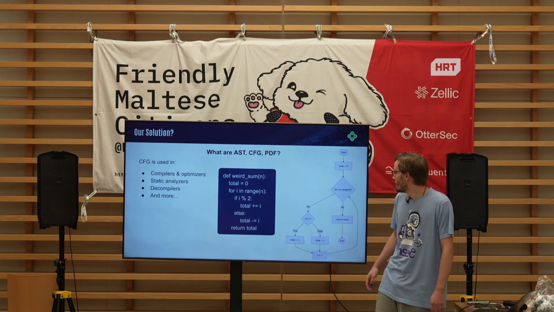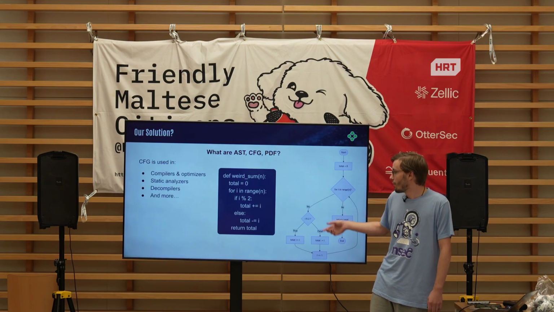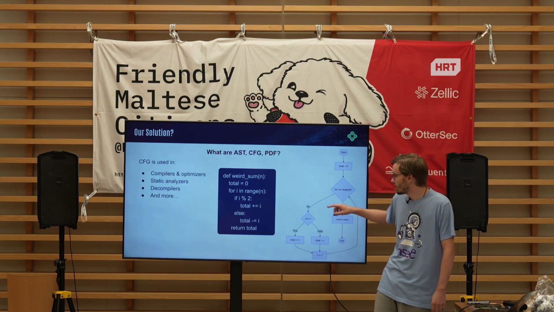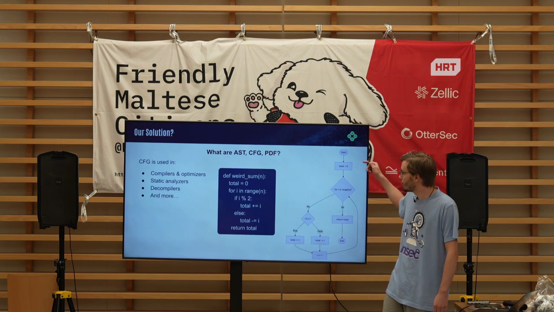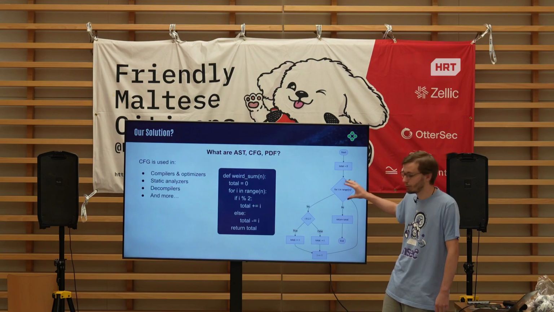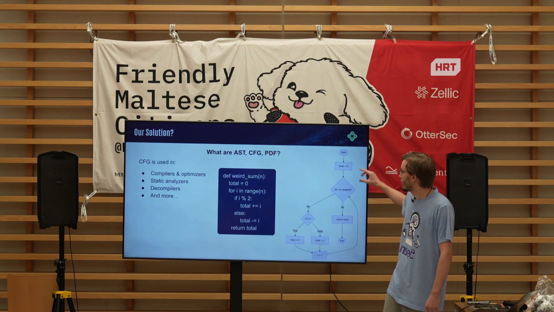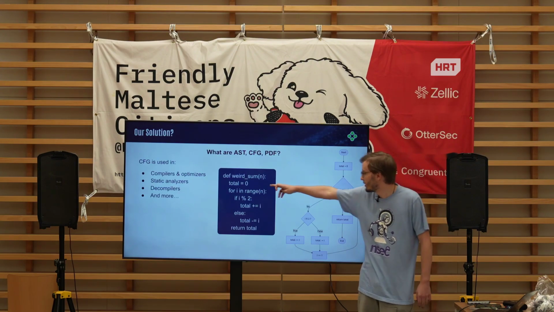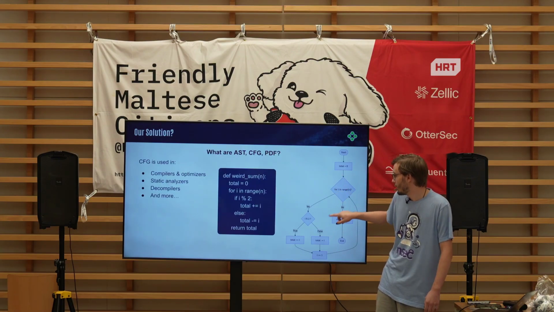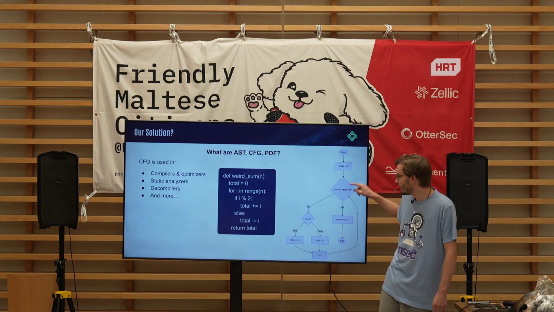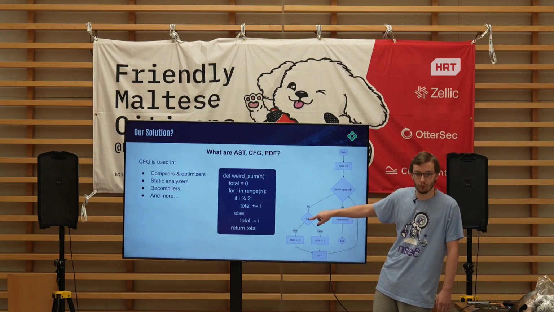So one of the things is, if we take this program, which does a weird sum, if you looked at it in a CFG, it would look something like this. You can see there's the beginning where you start at 0, and then there is your for loop here. Then if you're still in the loop, you take the true path, so you go yes.